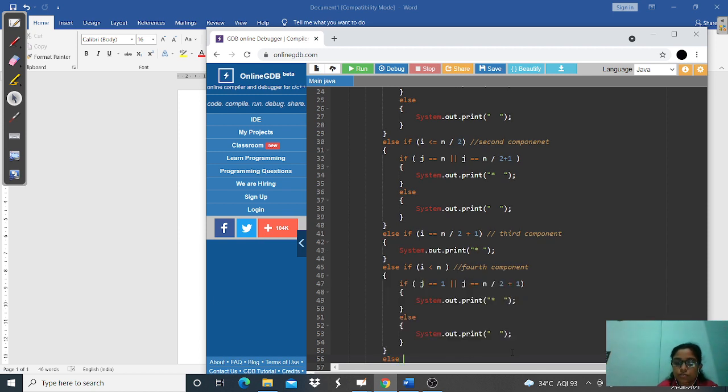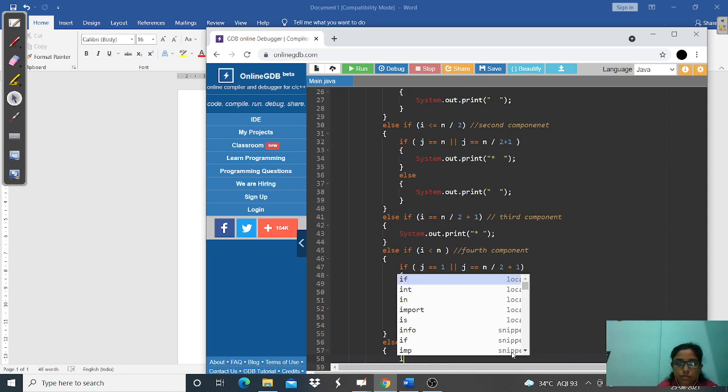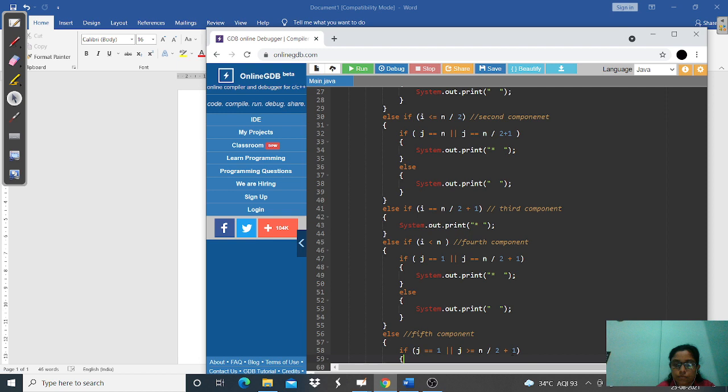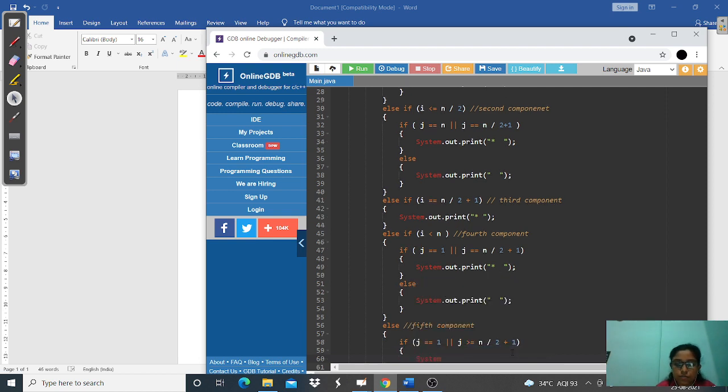Now else for the fifth component. Now if j equal to 1, j now greater than or equal to n by 2, because in the fifth row again the stars increase, so 2 plus 1, and the first row and fifth row are the same, oppositely the same, meaning symmetry. Now print System.out.print.